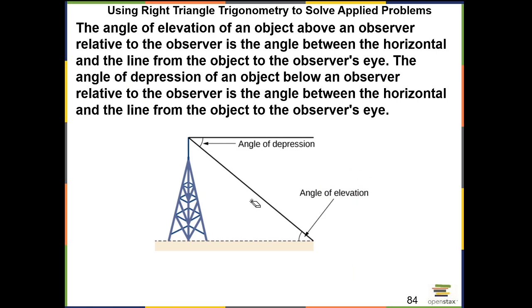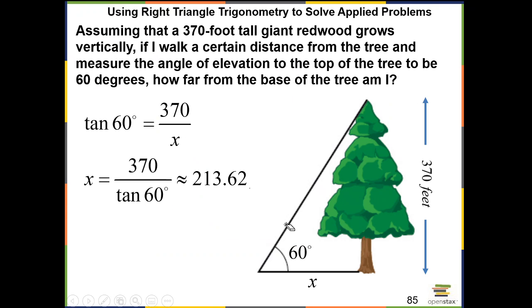So let's look at an example. So suppose you have a tree that you know the tree is 370 foot tall, right? It's a giant redwood tree that you can find around San Francisco in California.